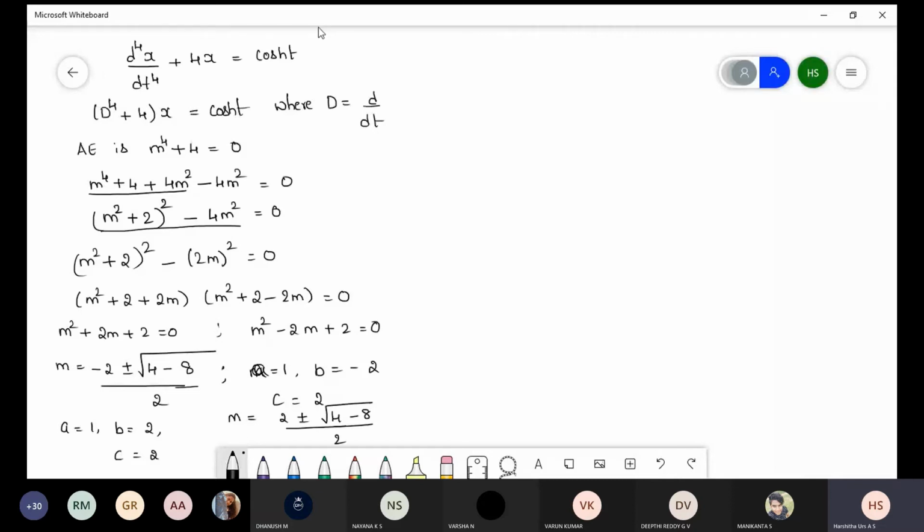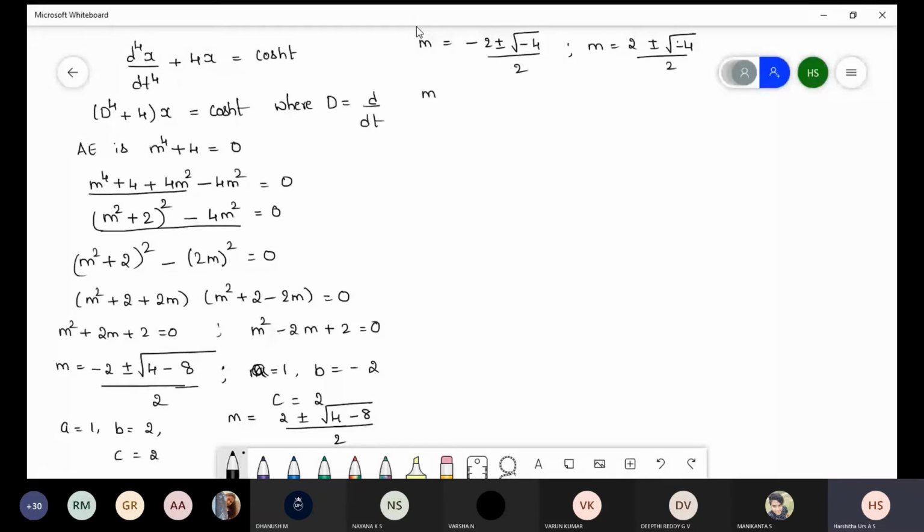Now m is equal to 2 plus or minus root of minus 4, divided by 2.